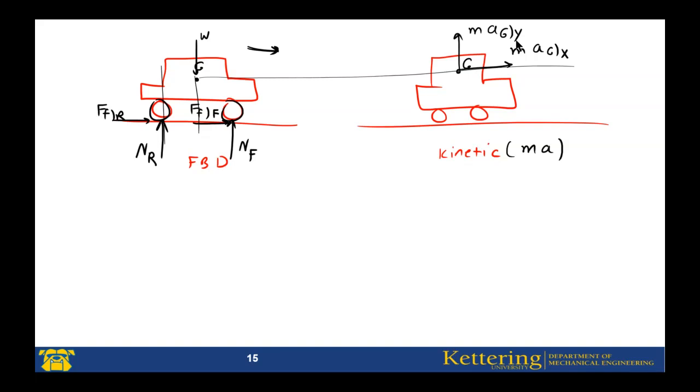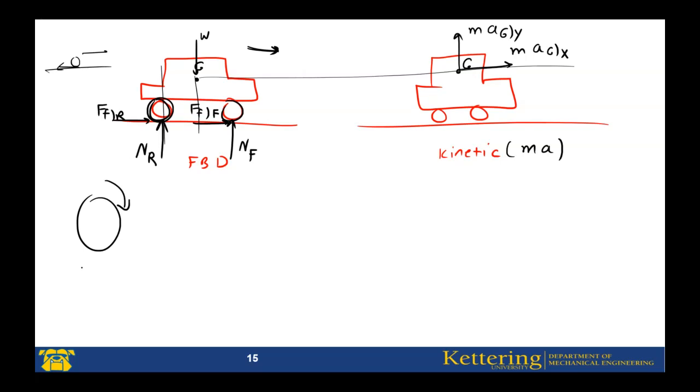Look, for this one, now we have the tire, it's a rigid body. It's rotating. Previously, we considered this as one particle. When it moves to the right, the frictional force is in the opposite direction. However, here we have the tires. Tires are rotating.